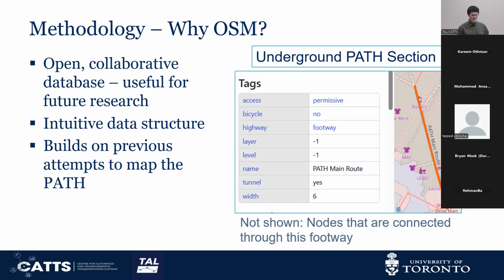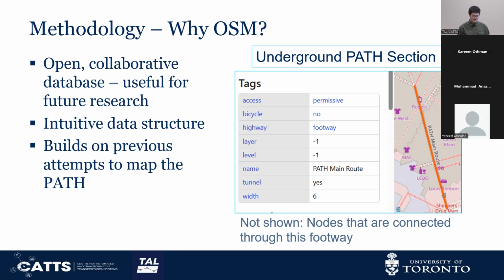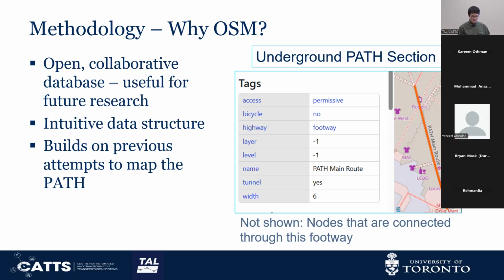One big reason is that OpenStreetMap is an open and collaborative database, so anyone can use this data for future research. OSM's data is in an intuitive structure, so you can see on the right that it's in a tag-value kind of data, which can be easily translated into GTFS later.